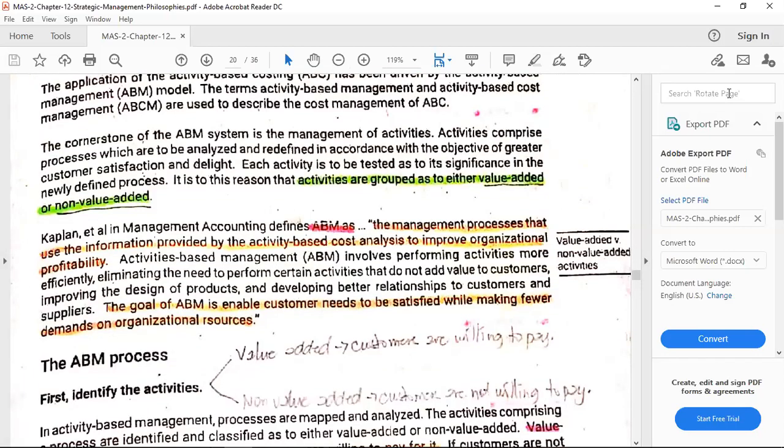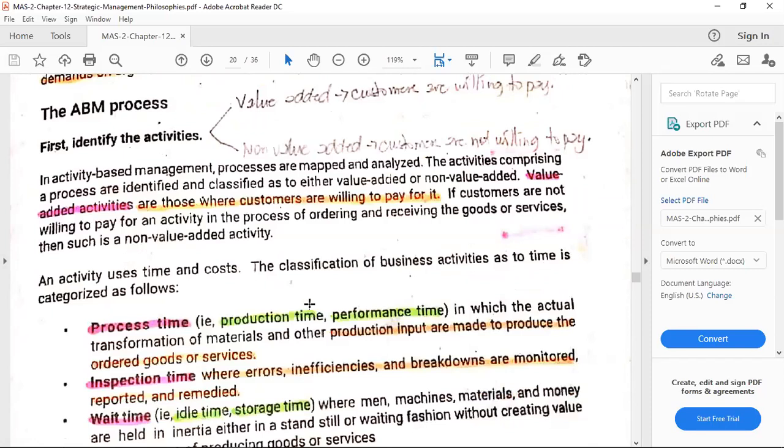All right. Now, in the ABM process, what we do first is to identify these activities which are value added, by which customers are willing to pay for it. Non-value added, for sure, is not something that customers are willing to pay for.